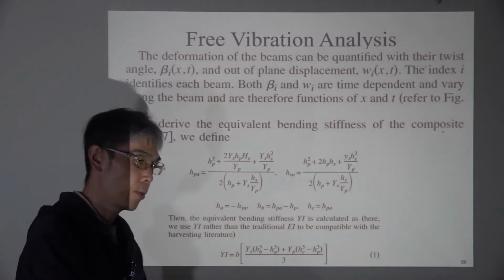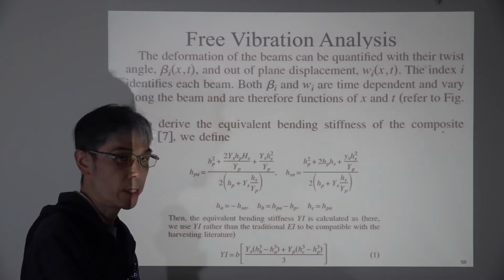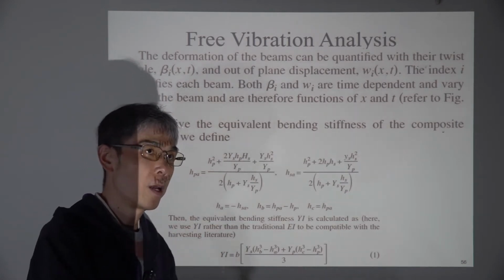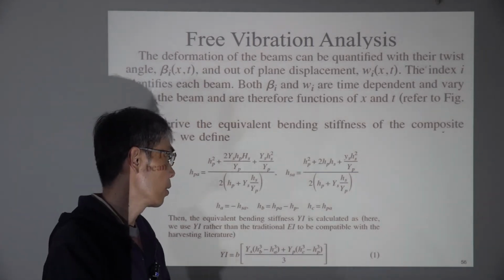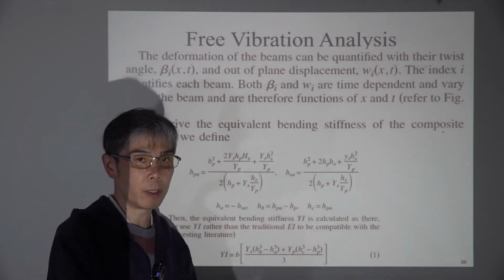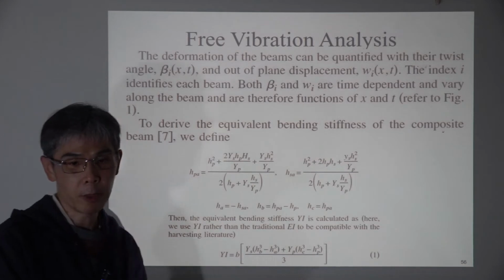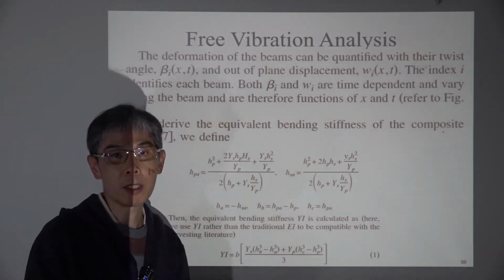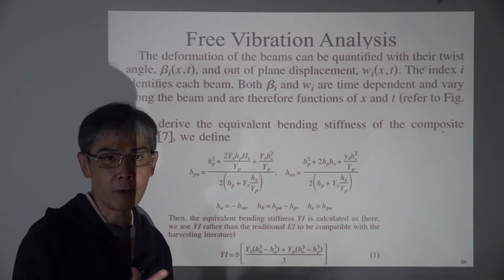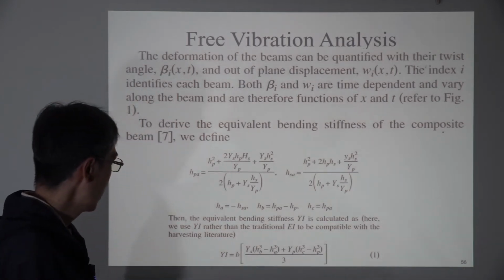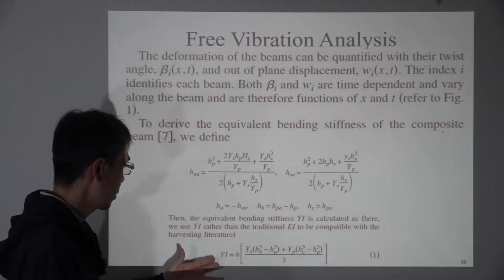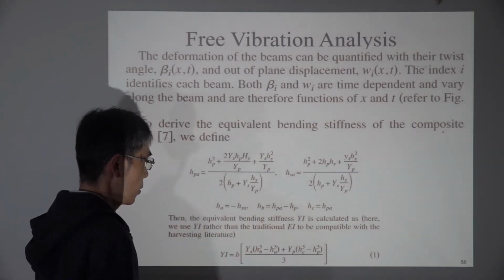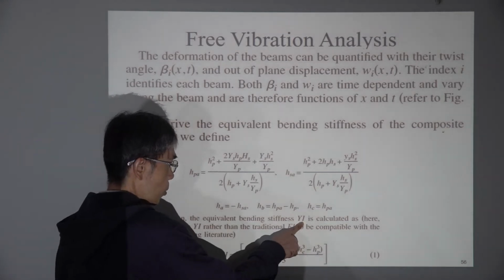Okay, creating a mathematical model is important. Not only does it help us understand the behavior of the device, it can also help us with optimal design for a better device. And this equation derives the equivalent bending stiffness YI.